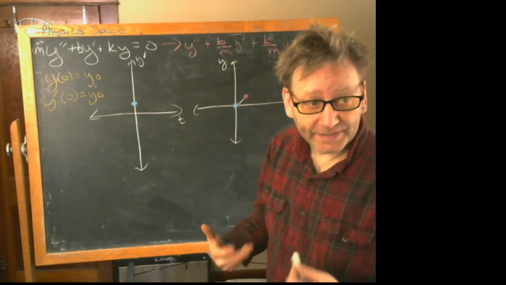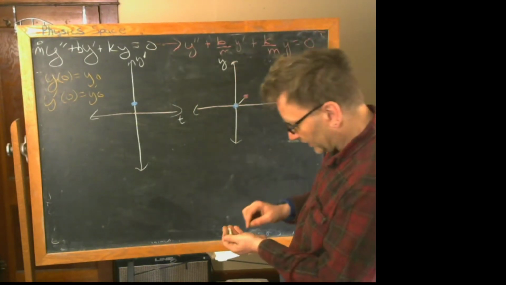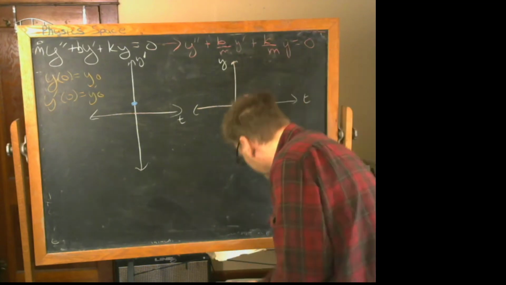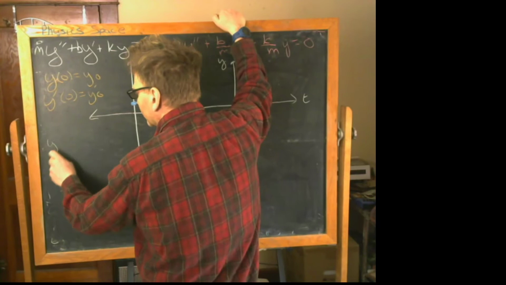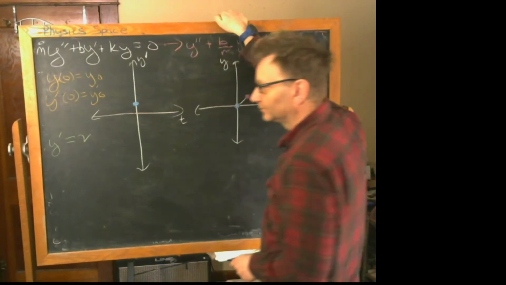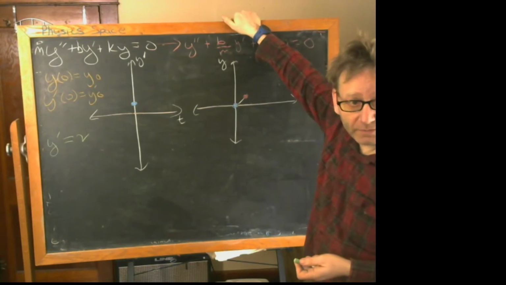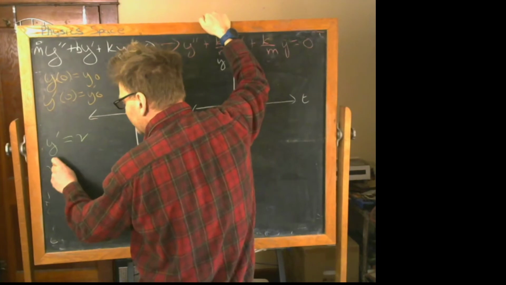We're going to, by analogy, borrow the same idea. We can make a variable transformation here that'll help us. We can say, let y prime equal v. And so y prime will be our velocity term. Then y double prime is v prime.